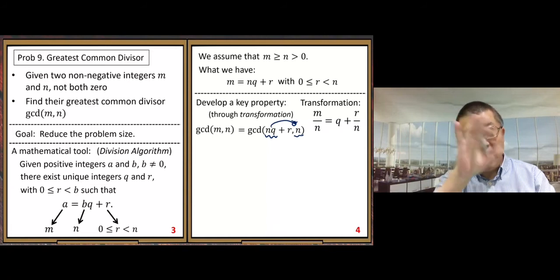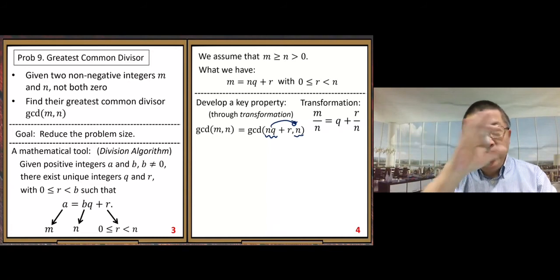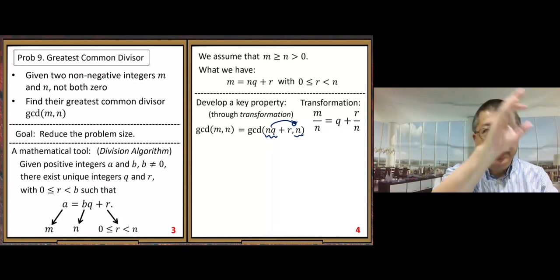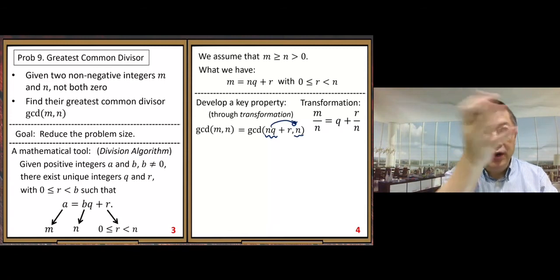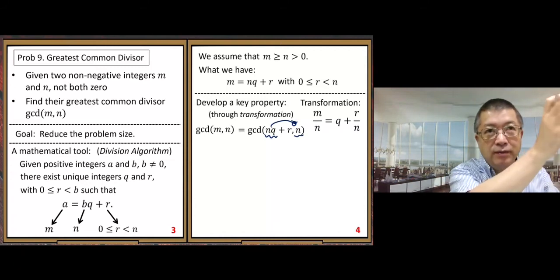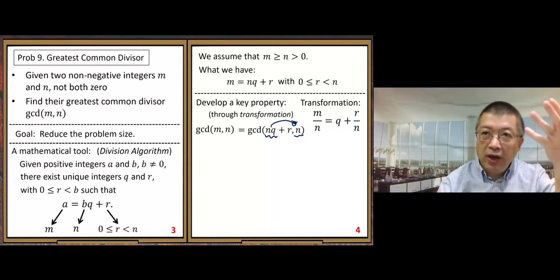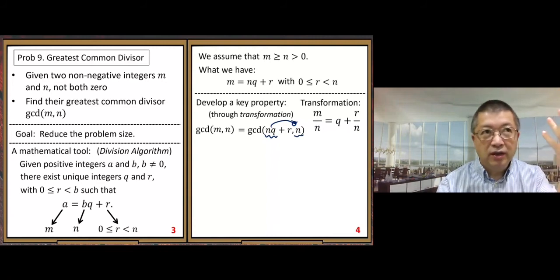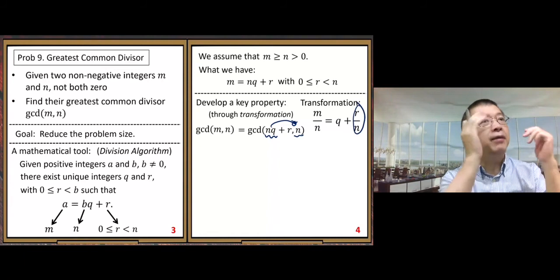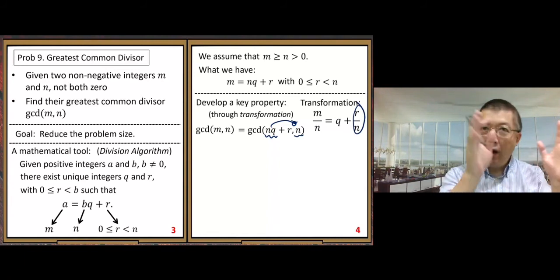After simplification, qn over n, cancellation, q is the integer part, and we take it out of the fraction. It's not part of the fraction anymore. Then the fraction part becomes r over n, right? r over n.